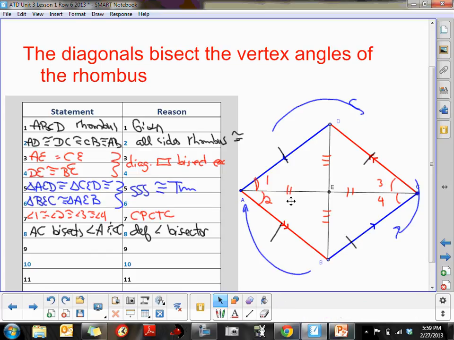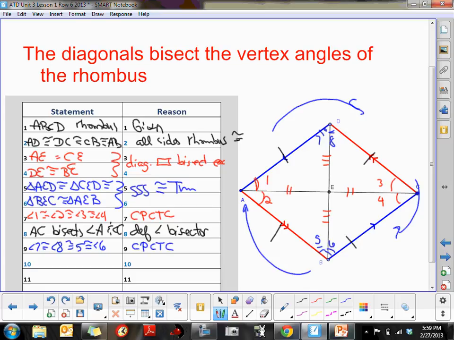And now we can do the same analogy on the other ones. We're going to look at angles 5, 6, 7, and 8. Again, these all are equal to each other because of CPCTC. So we know that angle 7 is equal to angle 8, which is equal to angle 5, which is equal to angle 6 by CPCTC. But because we've established and shown that angle 7 and angle 8 are the same, that angle D had to be cut in half.